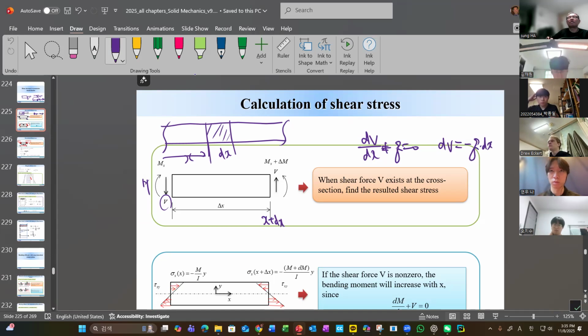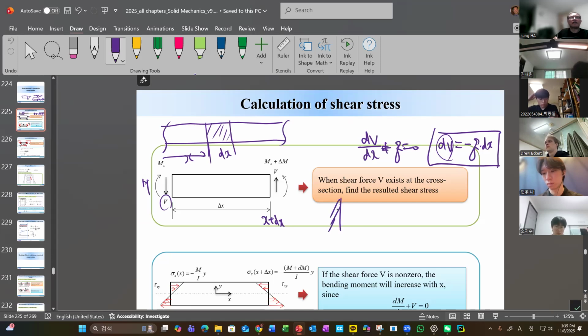Not only mathematically, but also physically, we need to understand this. It's not that difficult. The increment of shear force dV on the right-hand side is equivalent to the q applied over the dx. If this is zero, then no dV. To simplify, we neglect q.